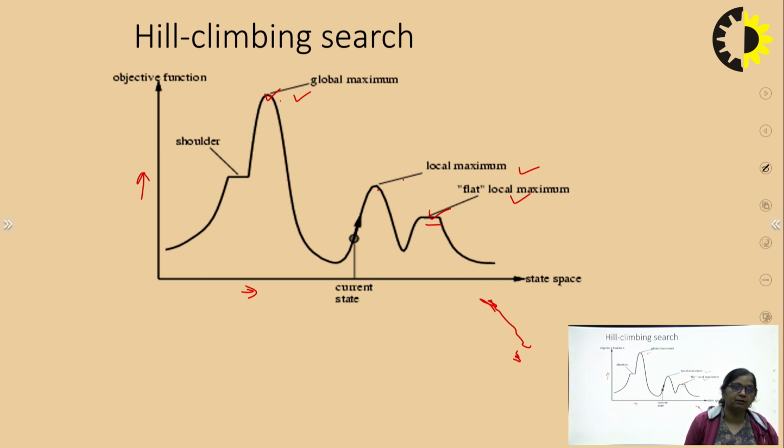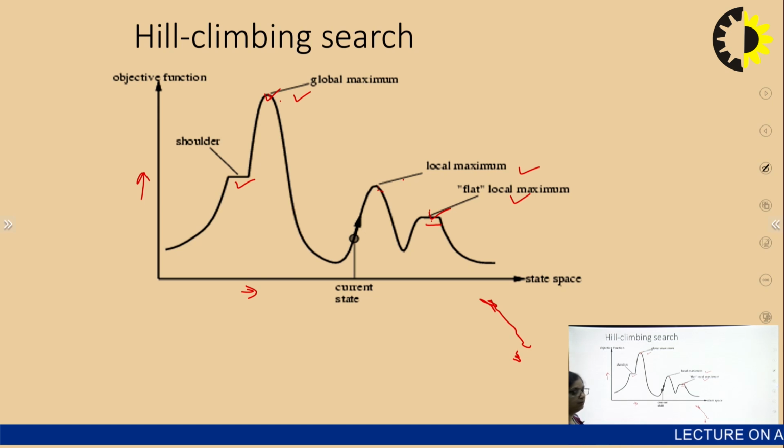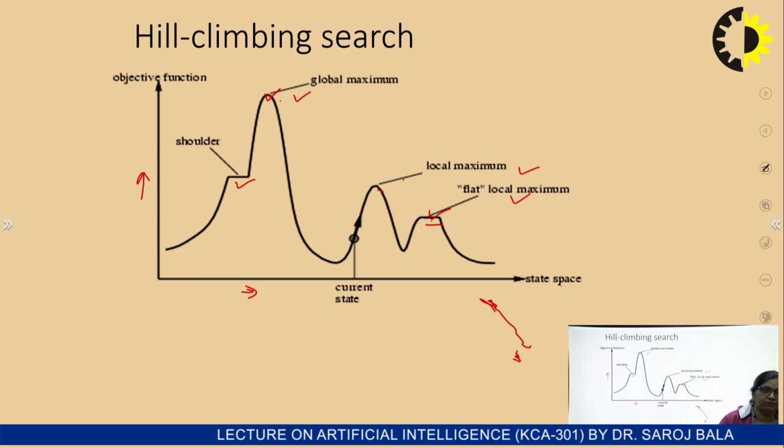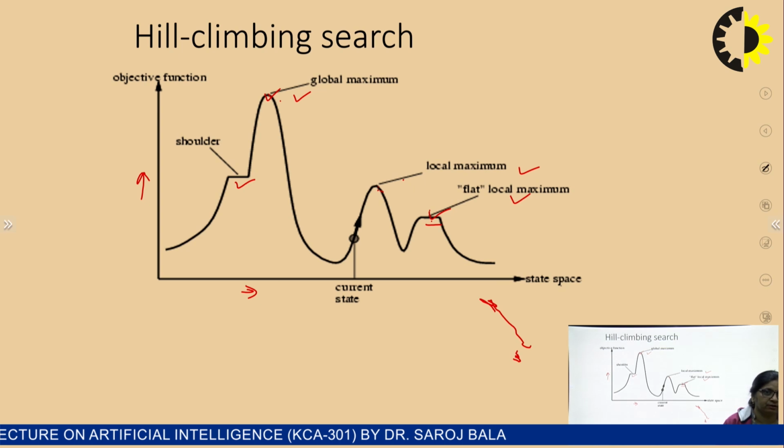If I see this one, there is a local maxima which is flat. This is another local maxima which is not flat, but has a better value in its surroundings. This one is a flat area, but we have a better situation on one side of it. This is called a shoulder. Shoulder means better than many values, but still a better objective function value is possible.